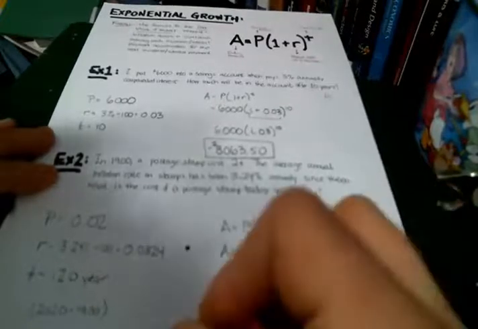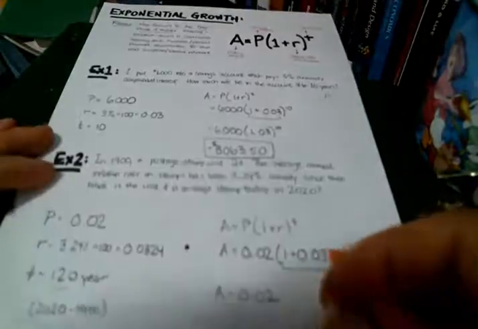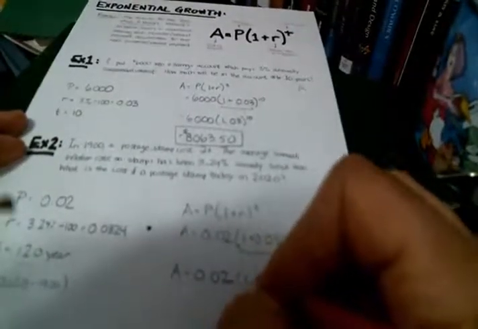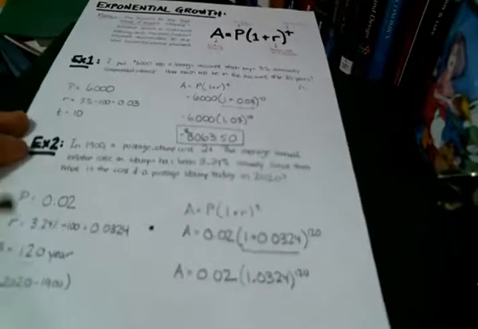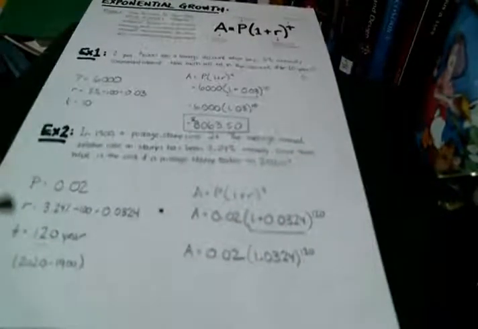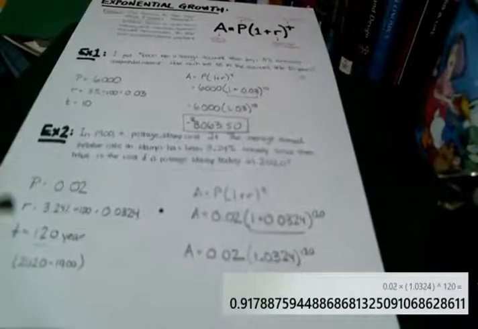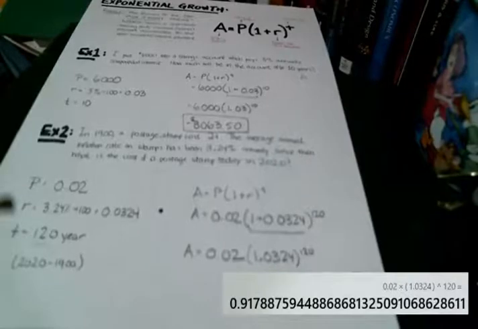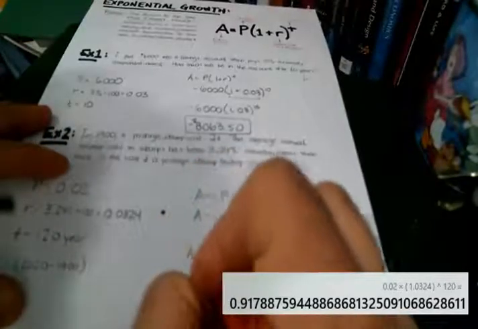Again, I'm just going to simplify what's in the bracket here just to save me a bit of a headache. 0.02 times 1.0324 to the 120. Now, it's probably not going to come out to the exact price of the postage stamp today, but I've planned it so it should be pretty close. Times bracket 1.0324, bracket exponent 120, and I'm going to end up with 91.8 cents, or 92 cents, 0.92.